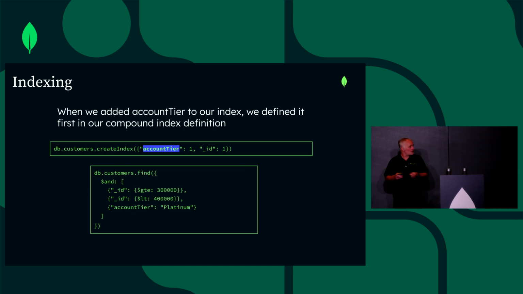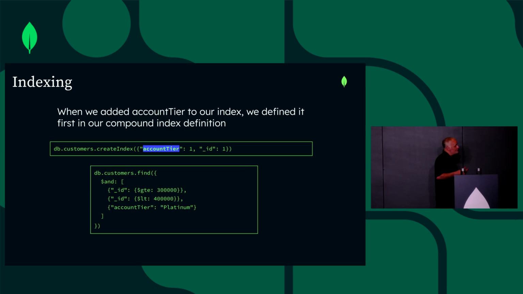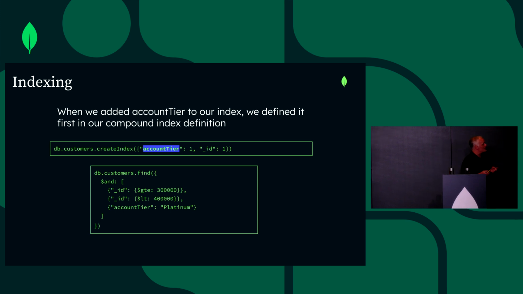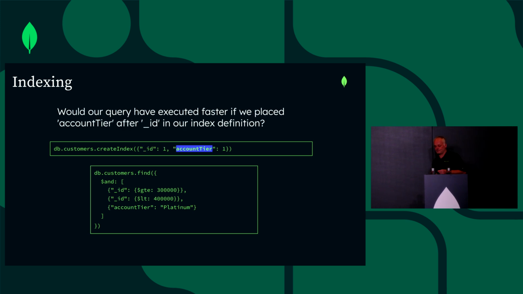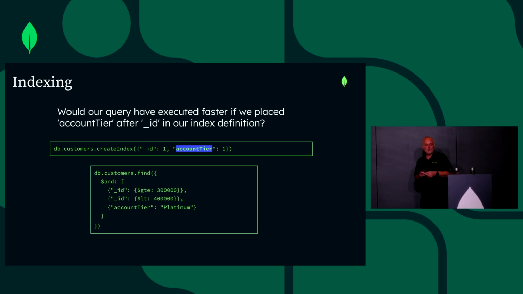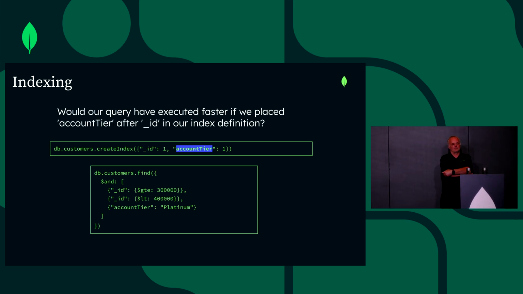Okay, so again, anyone who went to Asia's session will be aware of this. The order of fields in an index can make a difference. Here we had the account tier first, and then the _ID second. So what would happen if we reversed that, with the _ID first and then account tier in the index?